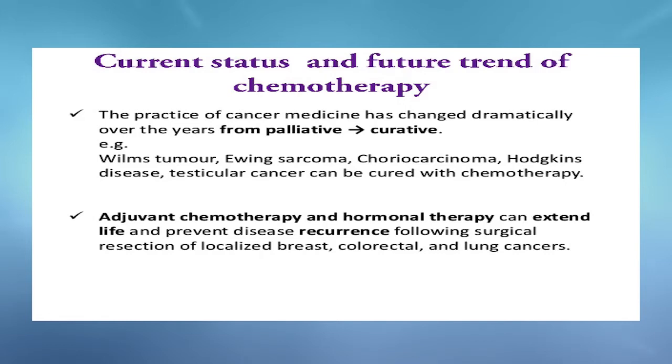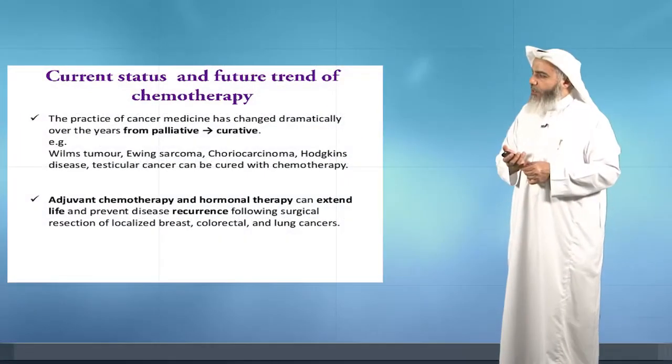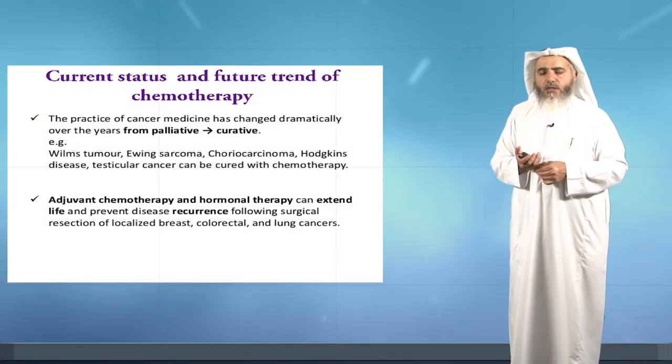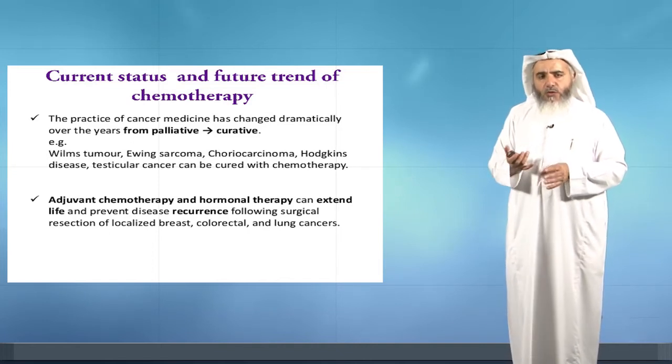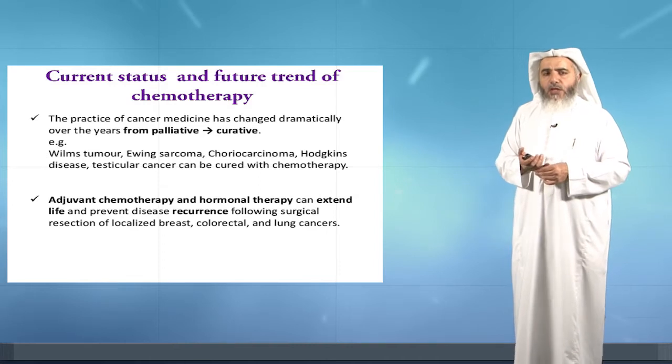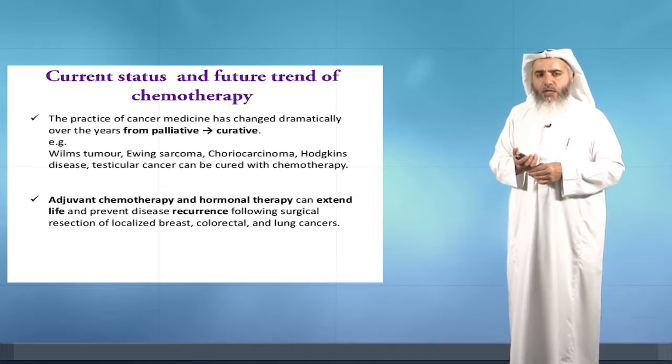And we have, thanks to Allah, a lot of success in cancer therapy, where chemotherapy is used to cure cancer. Examples of that are acute leukemias, chronic leukemias, Ewing sarcoma, choriocarcinoma, and testicular cancer. All these diseases are treated by chemotherapy alone, without surgery, without radiation, and cure is the case in the majority of patients.